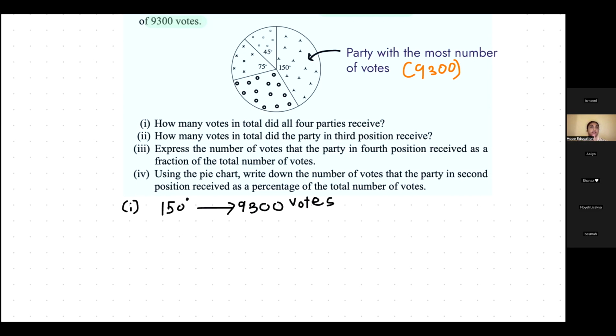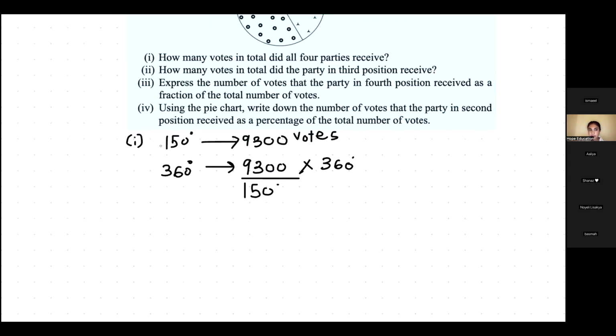Because 360 is the full circle. The full circle represents all the votes. And now I need to find the total. So now 9,300 is for 150 degrees. I divide this by 150. Then I get the votes for 1 degree. Then when I multiply it by 360 degrees, I get the total number of votes. I hope that's clear.